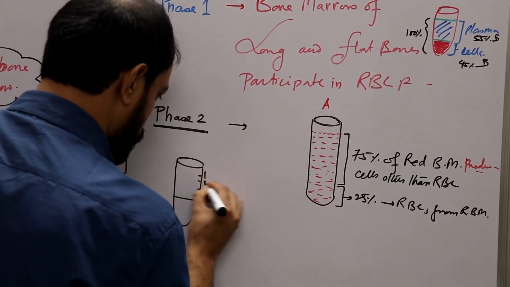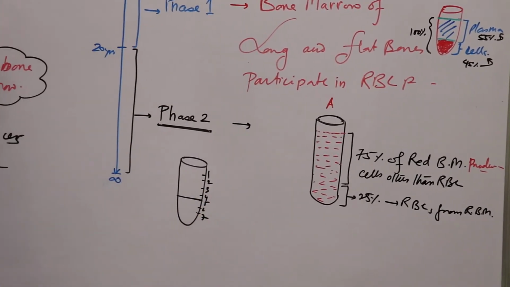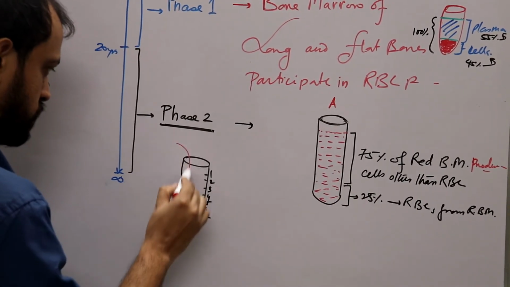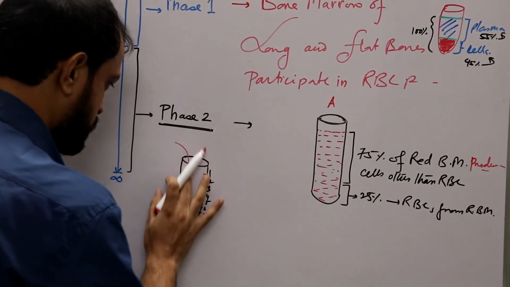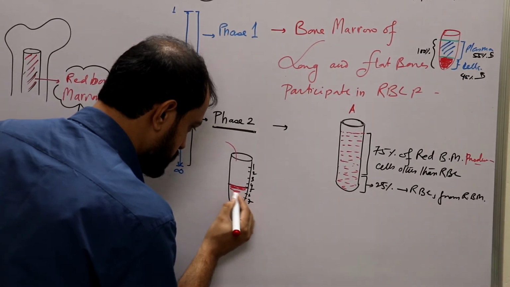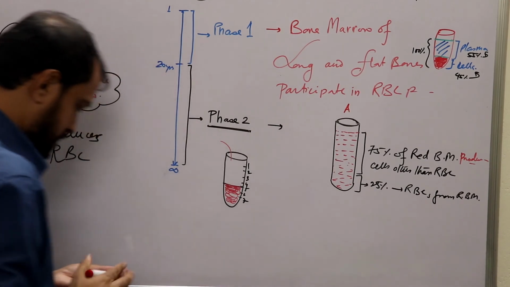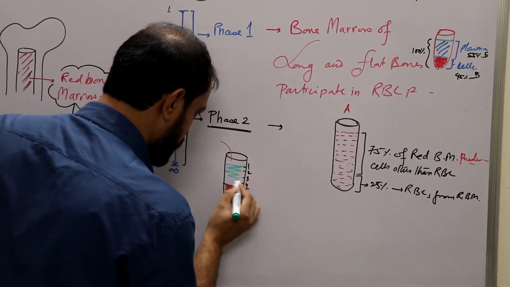Suppose this is 1, 2, 3, 4, 5, 6, 7. If I put blood here and keep it undisturbed for some time, then suppose this is my cell clumping and this is my plasma.